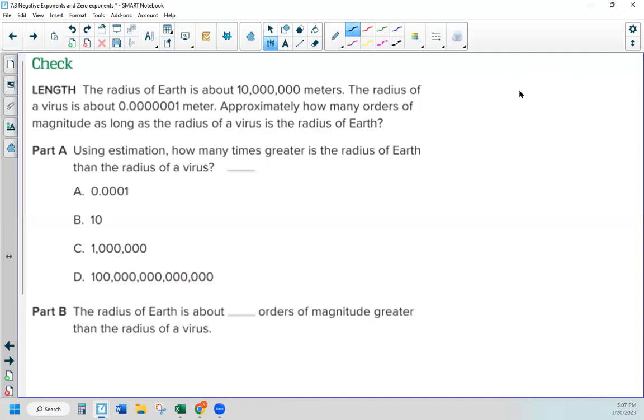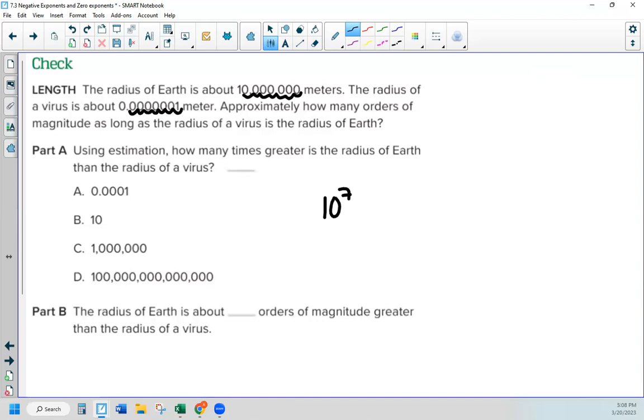So what do we got here? Well, if we get these numbers, how many zeros do we got here? 1, 2, 3, 4, 5, 6, 7. So that's the same thing as saying to the 7th power like that. And then the other one, how much is the other one? 1, 2, 3, 4, 5, 6.